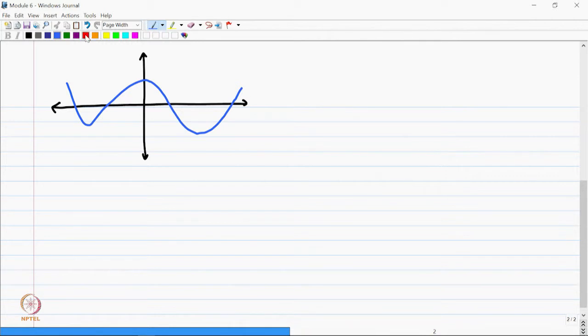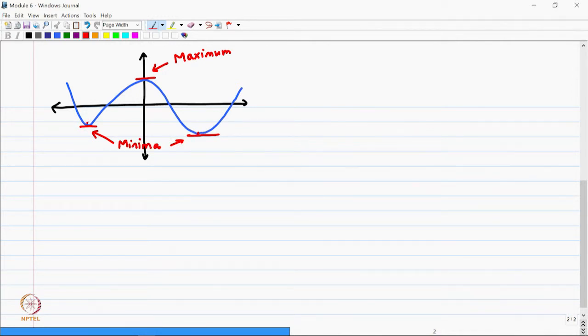So, now what you see is that at this point the slope is 0, the function is locally flat, this point also the slope is 0, this point also the slope is 0. Okay. So, these are the 3 extremum points, and clearly this is a maximum, these 2 are minima.